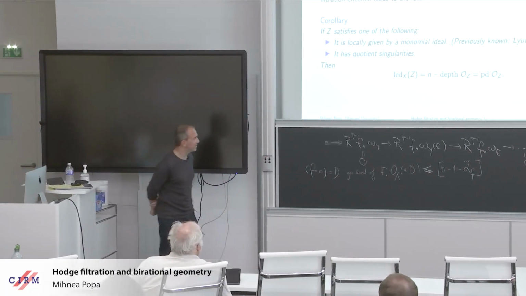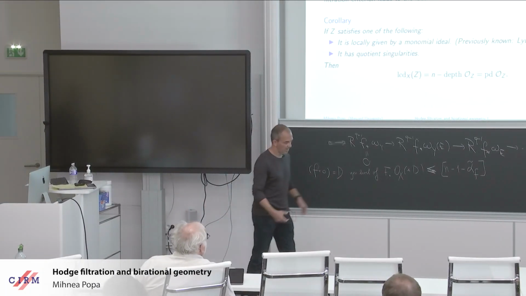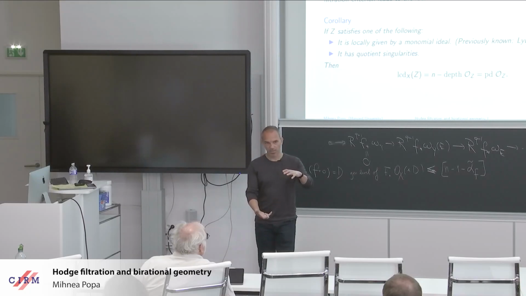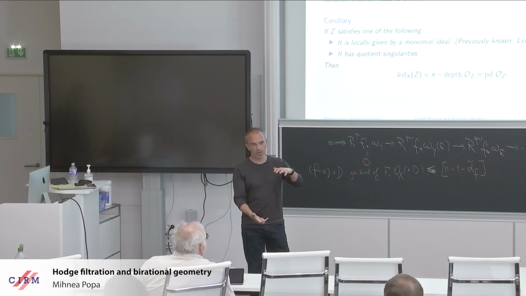I don't know. What I can say is that, for instance, if you take the cone over a hypersurface of degree d in Pn, right? You look at that singularity, then the minimal exponent there is exactly n over d.